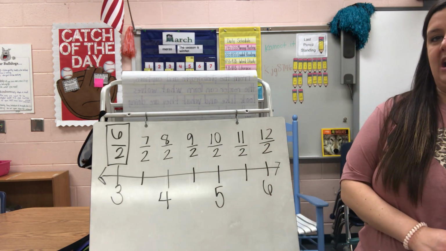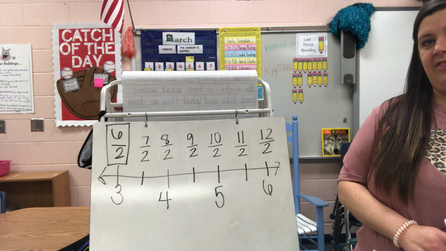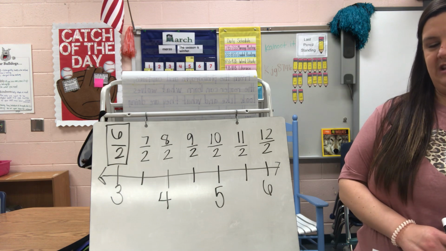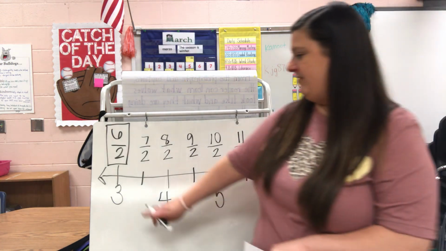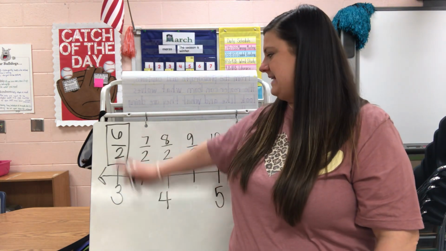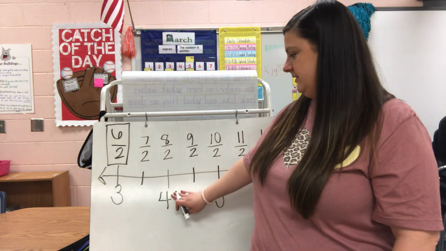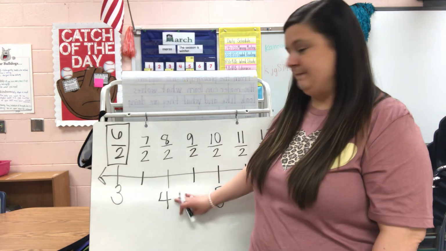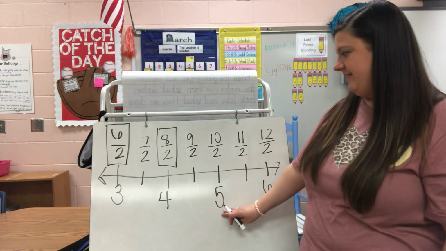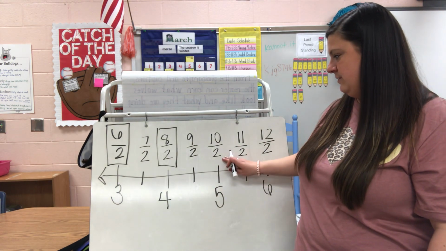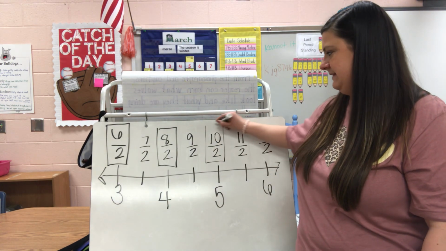Now I can look back over my number line and find the whole numbers that are equivalent to the different fractions using the unit halves. So we found out that 3 is equivalent to 6 halves. What about 4? 4 is equivalent to 8 halves. Now let's look at 5. 5 is equivalent to 10 halves.